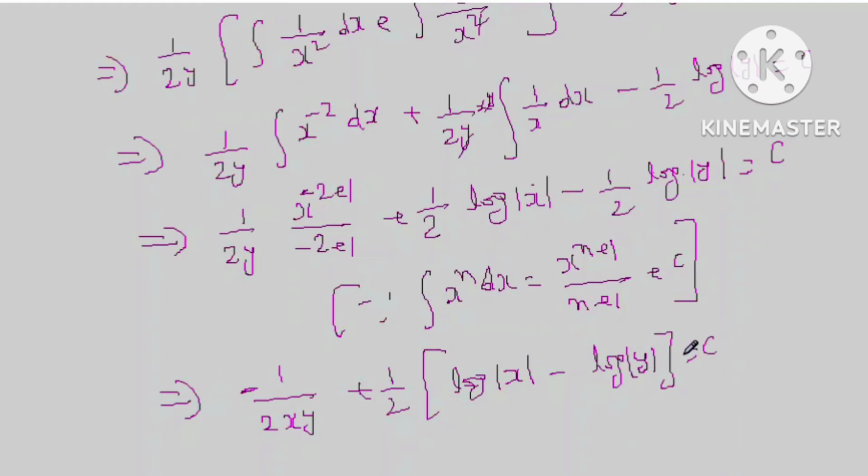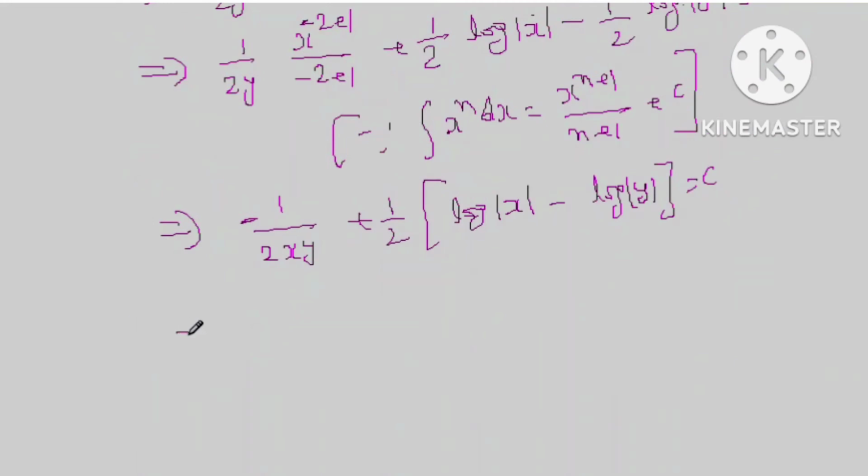is equal to c. So this implies you can take 2 common from both the terms and take it to this side, so it becomes 2c. So minus 1 by xy plus log x minus log y, which is log x by y, isn't it?